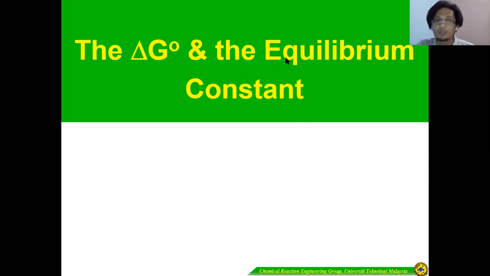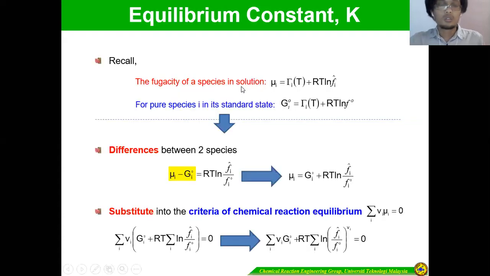Okay, so actually, if we want to determine the equilibrium constants, we need to determine delta G naught. So how to calculate delta G naught? We recall back the fugacity of species in solution, as well as for the pure species.